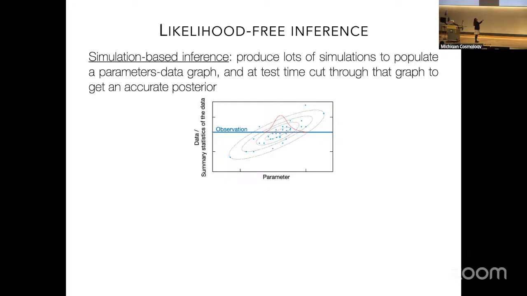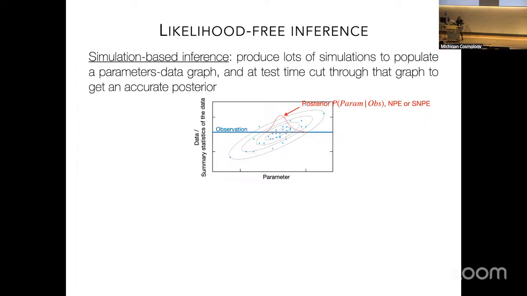So I'm going to give it a condition, and then that model is going to spit out the posterior that corresponds to it, basically the cut through that density. If my observation was up there, it would be a different condition, and my posterior would be up here. If it was down here, my posterior would be down here, because it's conditioned on the observation. It gives me the cut through that joint distribution that I want, which is exactly what the posterior distribution is.